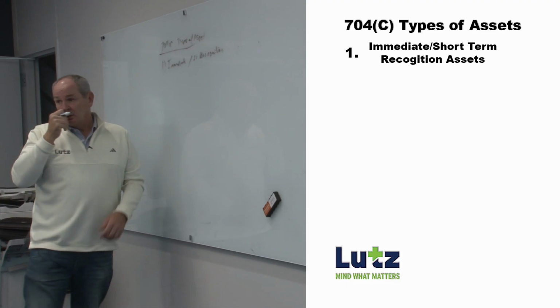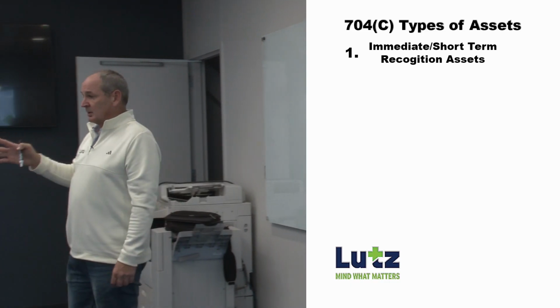Okay, and an example of an immediate or short-term recognition asset is going to be cash basis AR. So if I contribute $100 of cash basis AR to a partnership, and I have a fair value capital account of 100 and a zero tax basis capital account because I don't have any basis in that AR, and the company collects AR 100% in 30 days, and I contributed on January 1st, does the partnership have $100 worth of income within that first month?